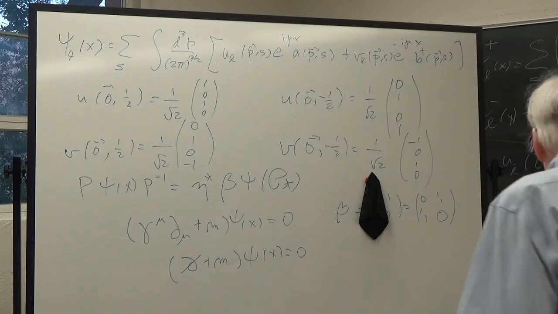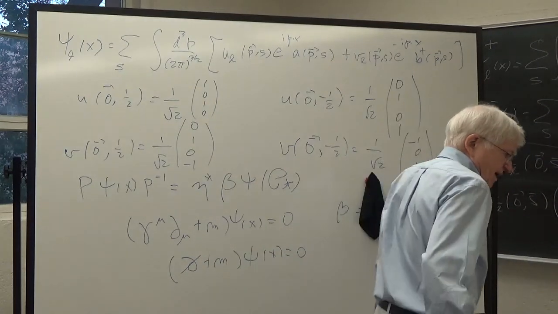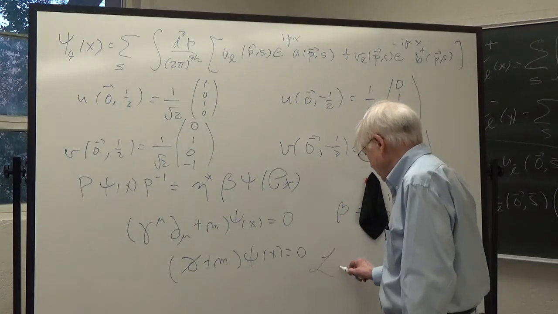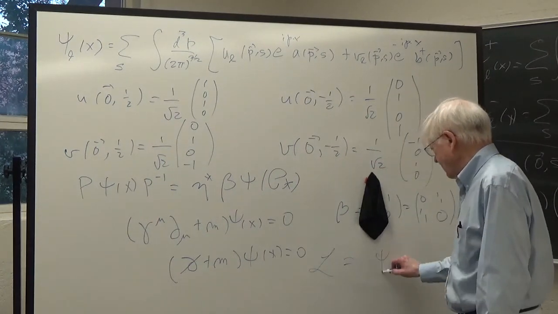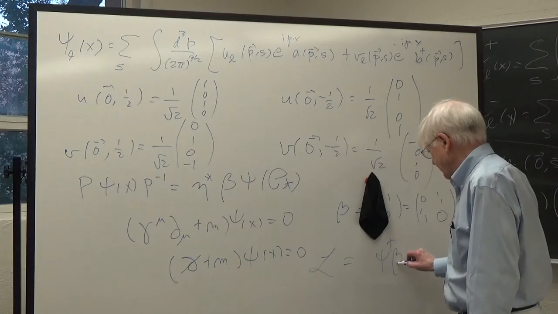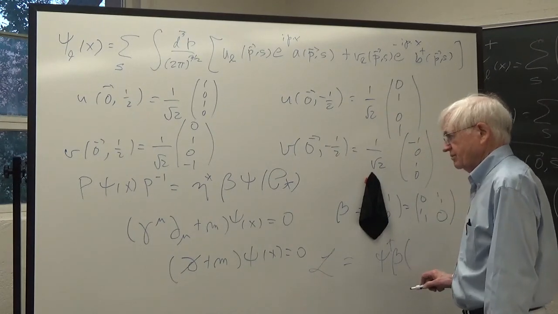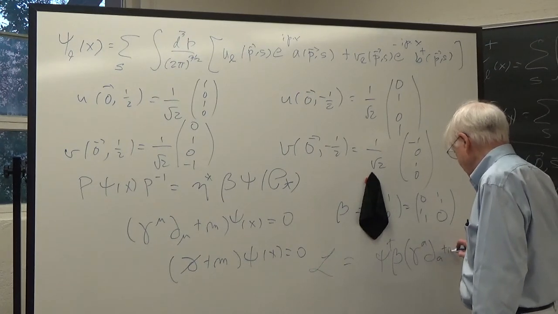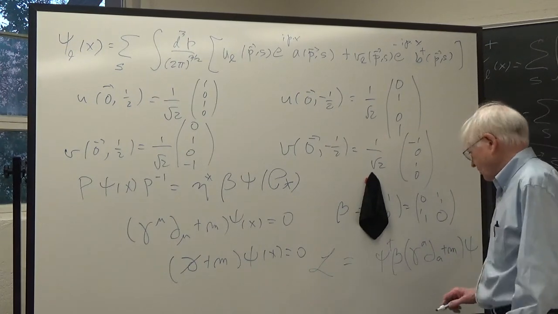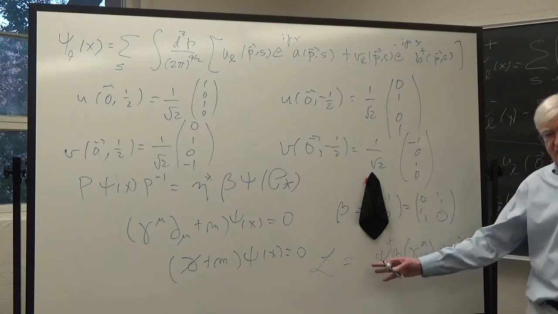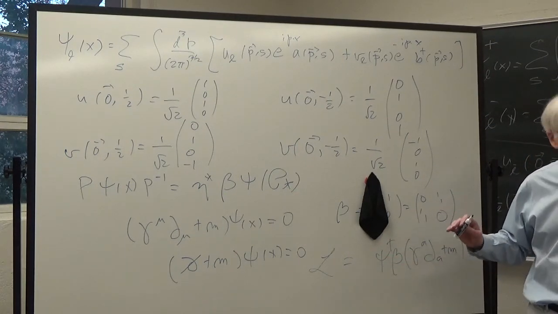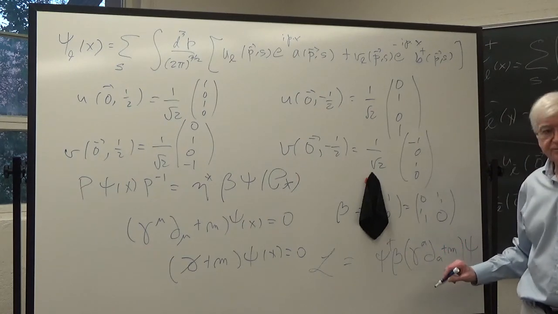Oh, you want to know what it is? Write it down? Actually, this is sort of tricky. The Lagrange density is something like psi dagger beta, and then it's gamma mu d mu plus m, psi. It looks like that, apart from an overall factor, and this could be plus or minus, and there might be an i.